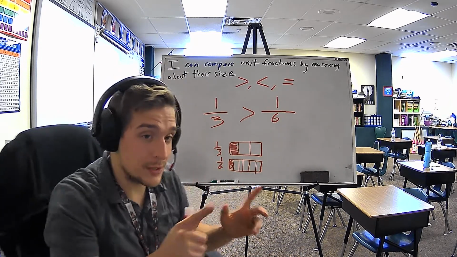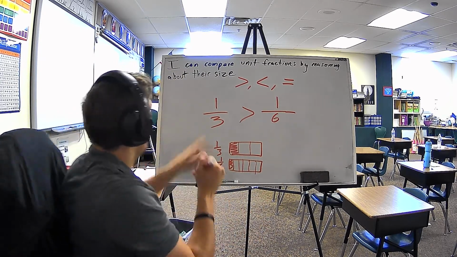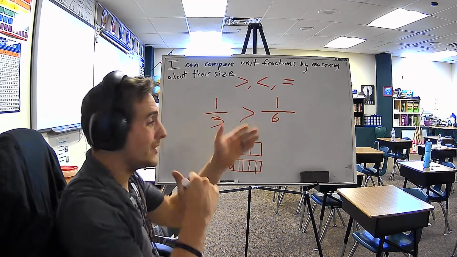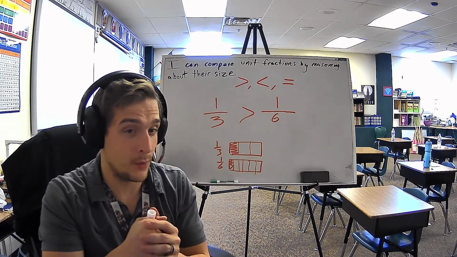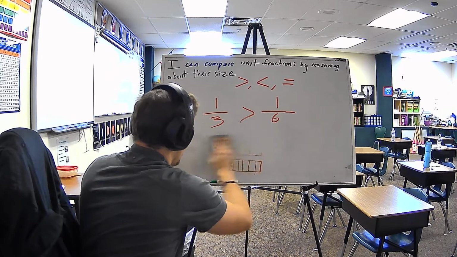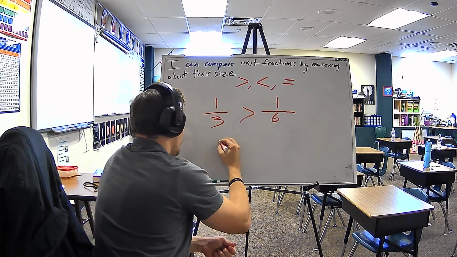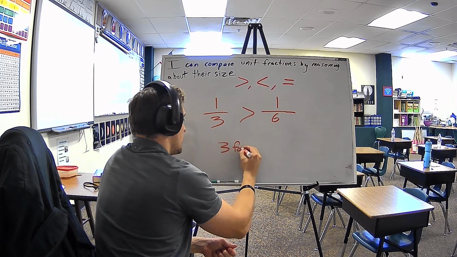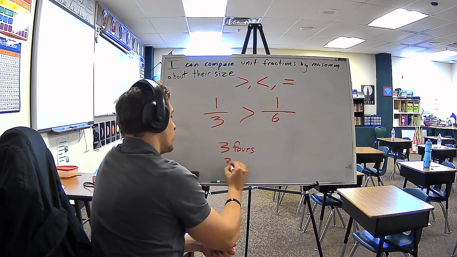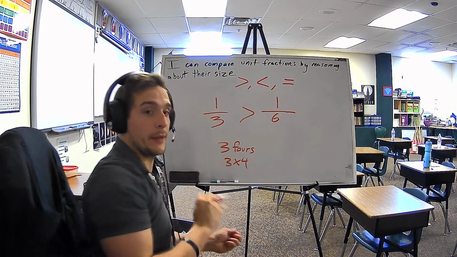I also at this point want to have you guys recognize that 1/3 and 1/6 can technically be written in another way. If you remember this type of unit form when we'd write out, if I wrote out 3 4s, this would mean 3 times 4, like that.